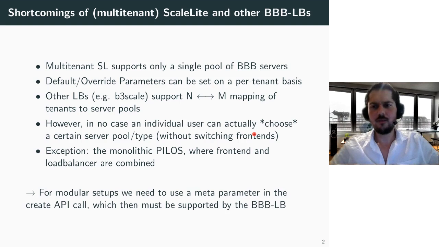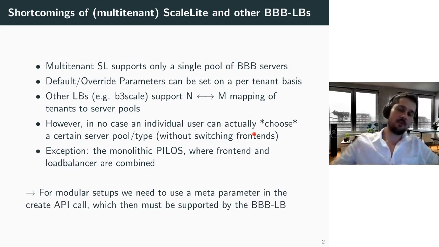So what do we have in terms of BBB load balancers to support that idea? So a multi-tenant ScaleLite, for example, supports only a single pool of BBB servers in general. What you can do is provide default or override parameters for each tenant.